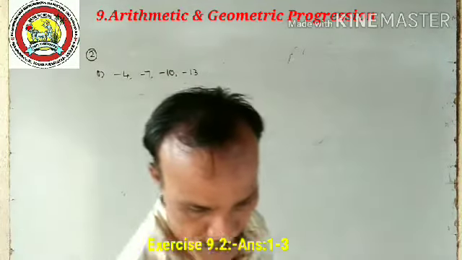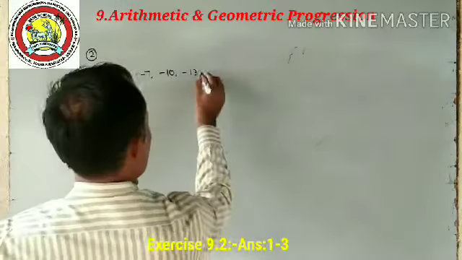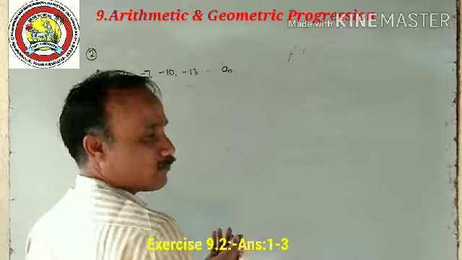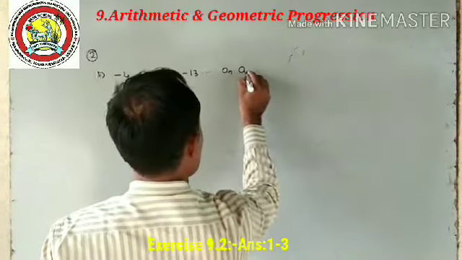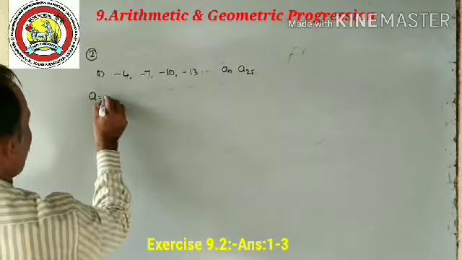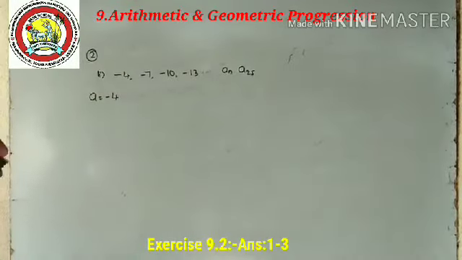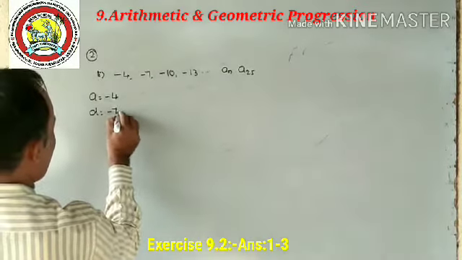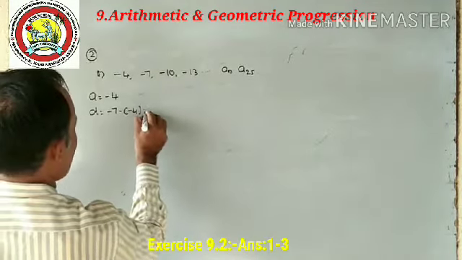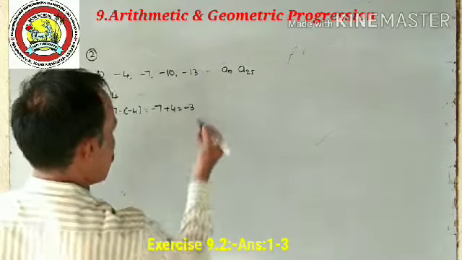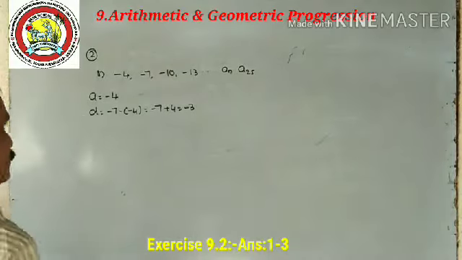We should calculate first An, next A25. The value of A is equal to minus 4. The d value is equal to minus 7 minus of minus 4, so minus 7 plus 4. The value of d is equal to minus 3.